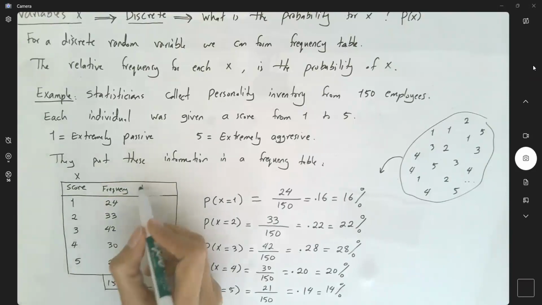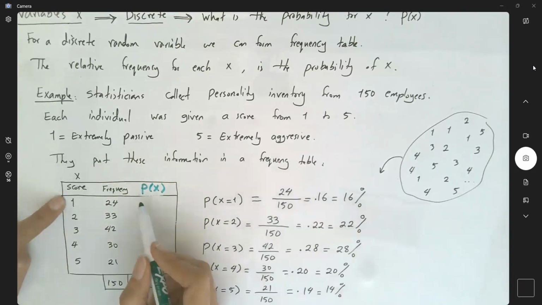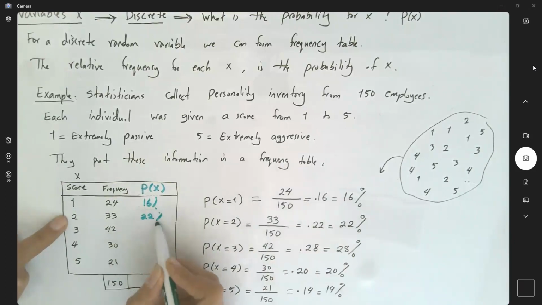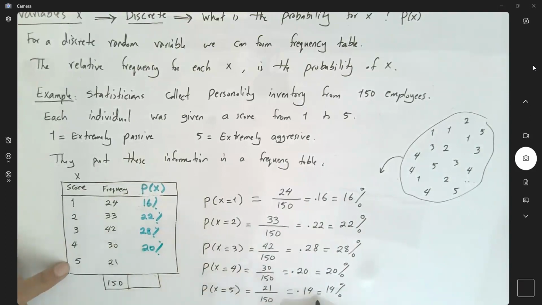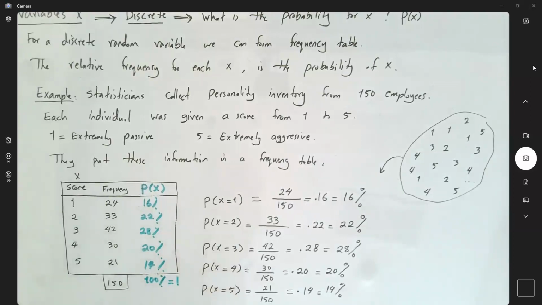X, the probability of X: the probability of X equals 1 is 16%, X is 2 is 22%, X is 3 is 28%, X is 4 is 20%, and X is 5 is 14%. If you add these percentages together, it is equal to 100% or 1. So we just formed the frequency table with probability in it.